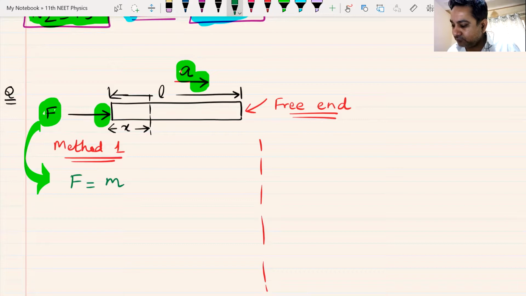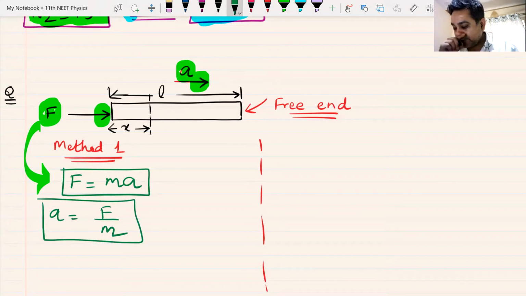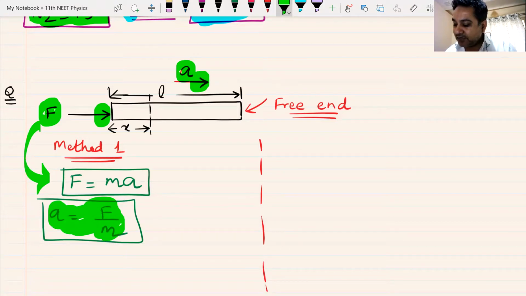Do we agree on this? So from here I can find the acceleration of this block. The acceleration of this block will be F by m. Do we understand this? Everything in green. Acceleration of this block will be F by m.